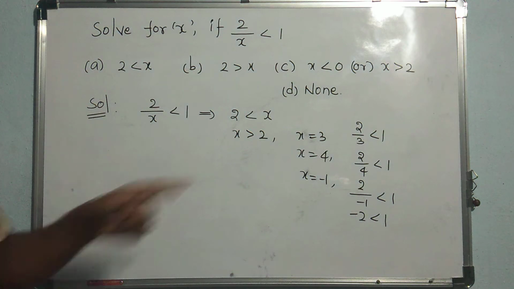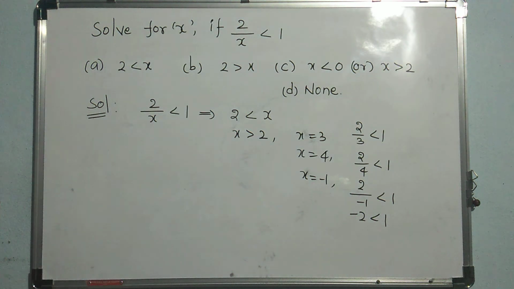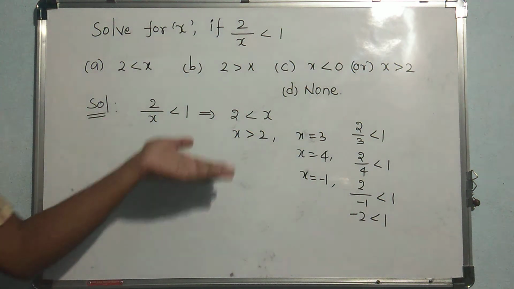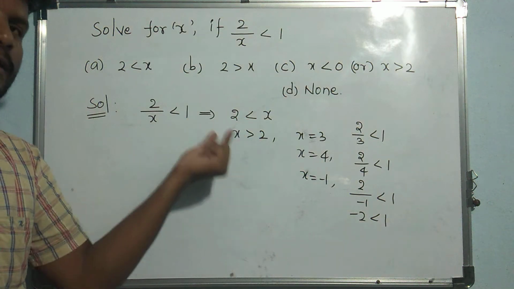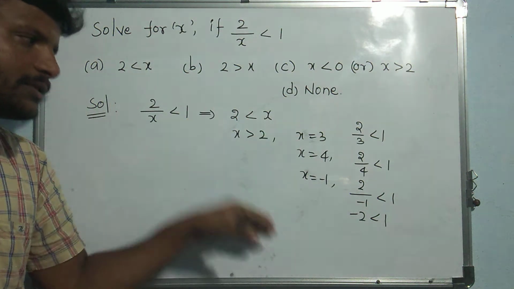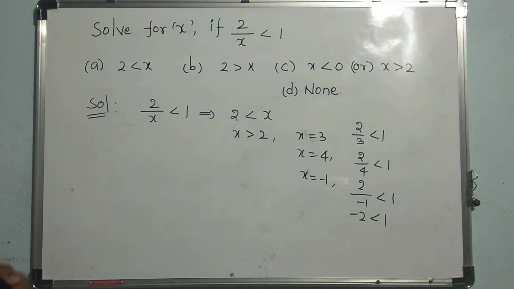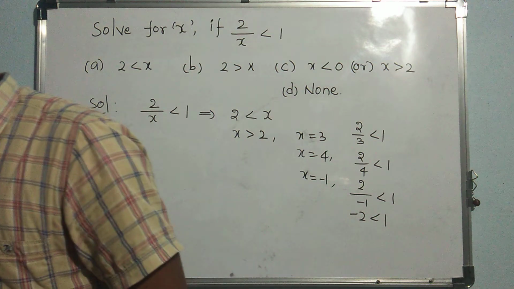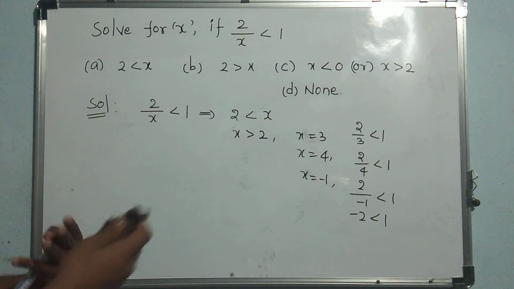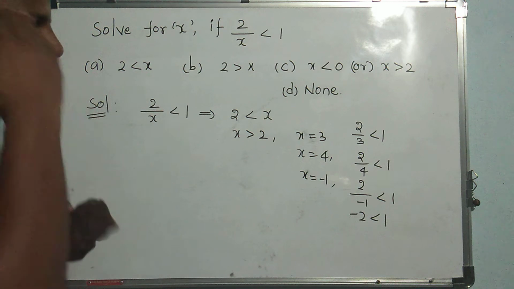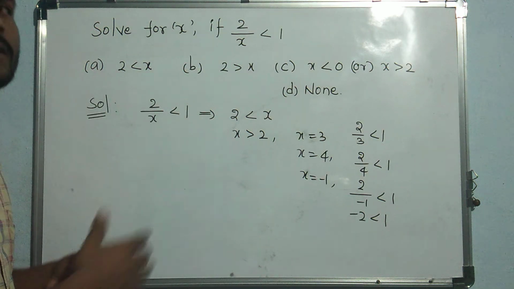Okay, so how do we get this solution also here? Because you are getting only some of the solution, that is x more than 2, we are missing this negative side part. I will explain the shortcut method here, since we people are unknowingly missing that solution.